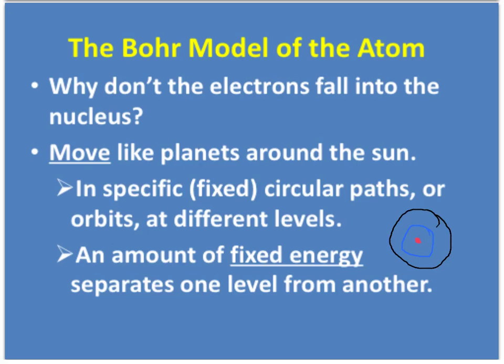It doesn't matter if you've been in high school for 3 years; if you don't have enough credits to be classified as a junior, you will still be a freshman or a sophomore. It just depends on the number of credits you have. So it all depends on the amount of energy. Each level, or each orbit, or each energy level requires a certain amount of energy.